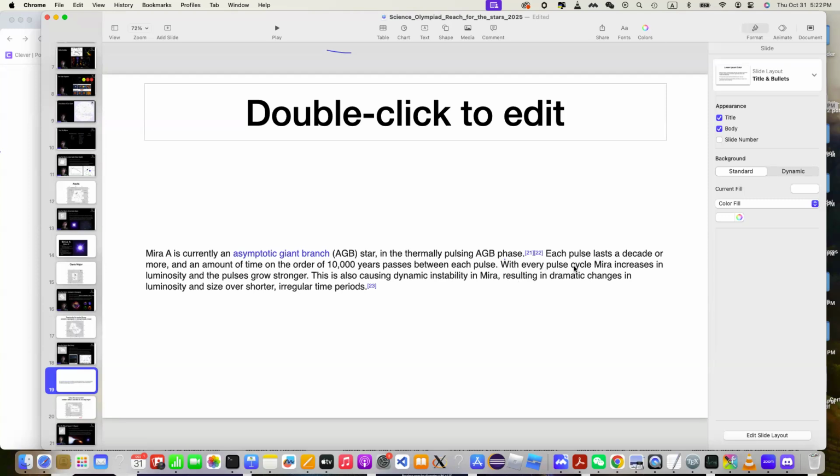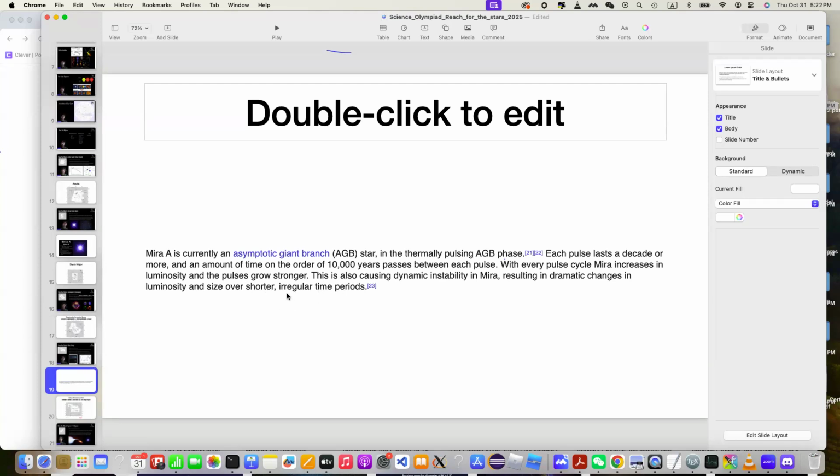With each pulse, Mira decreases in luminosity and the pulse grows stronger. This also causes dynamic instability in Mira, resulting in dramatic changes in luminosity and size over a shorter, irregular time period. So the AGB phase is the reason for the variability of this star.